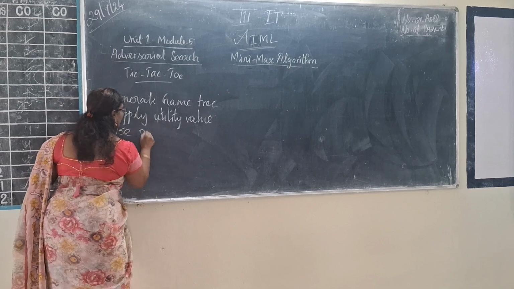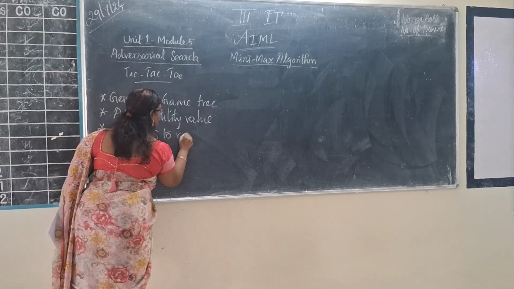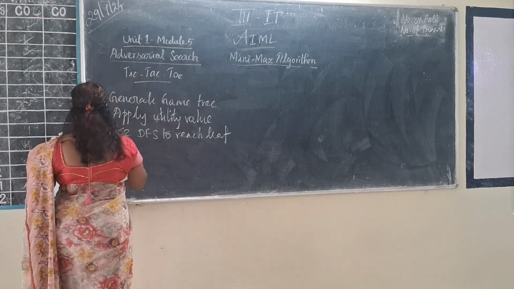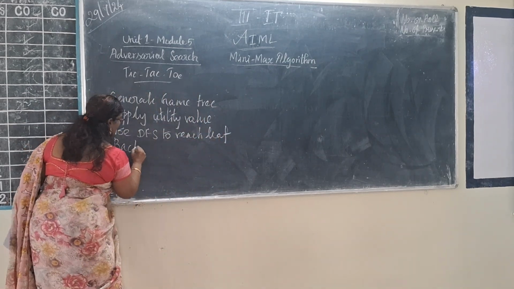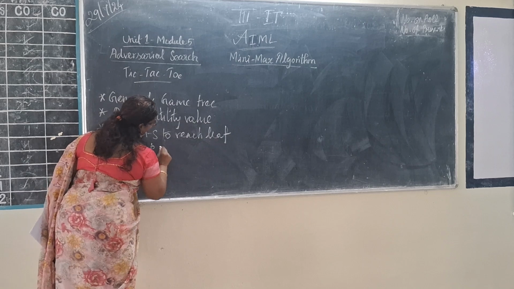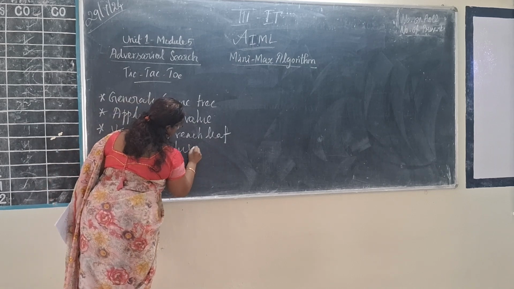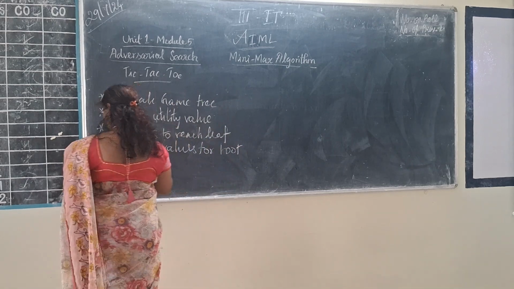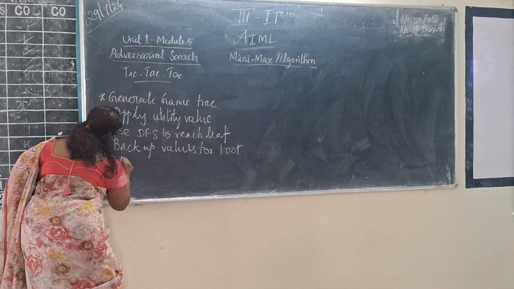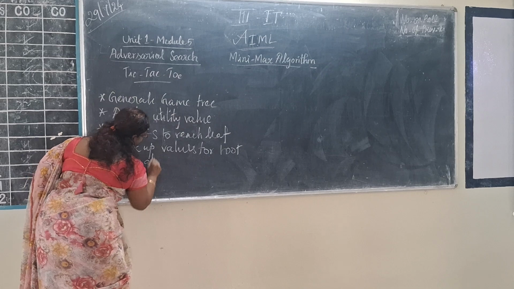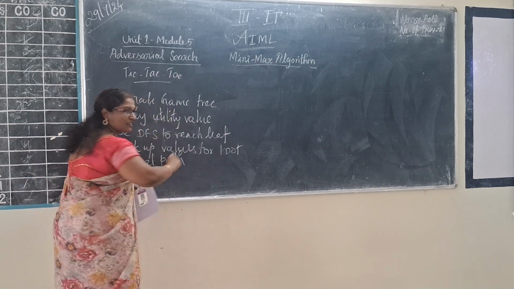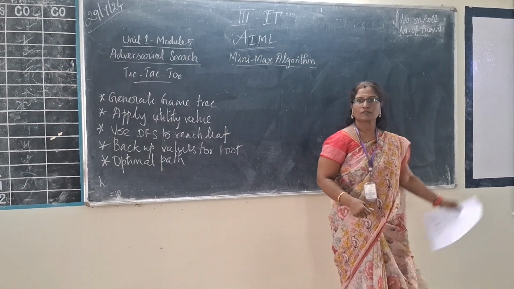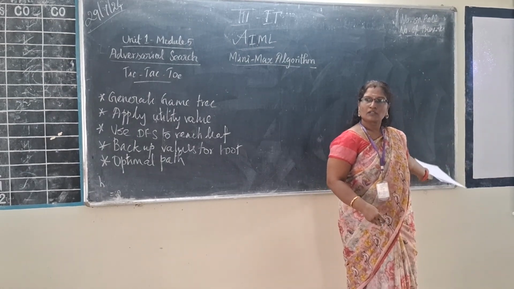Then we will use DFS to reach the leaf, and then we will do the backup of values to the root, and finally find the optimal path. So these are the 5 things we will do whenever we design any game. Is it clear? Shall we proceed?